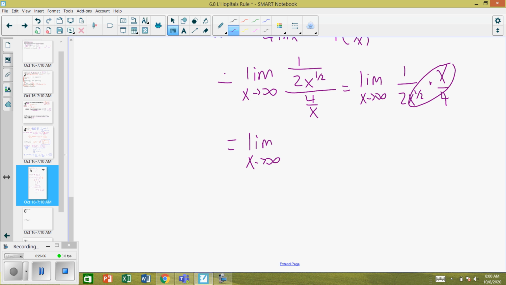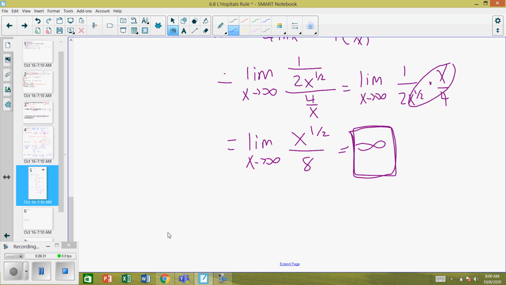Again, we have x and x to the 1/2 power, which simplifies to x to the 1/2 power on top. And on bottom, we're left with 8. And then I plug infinity into that. The end behavior here is just straight up positive infinity. So after all that work, we figured out that the limit as x approaches infinity is indeed infinity.